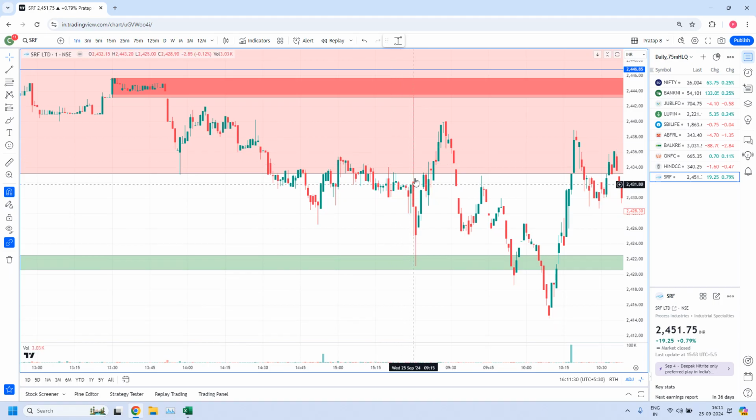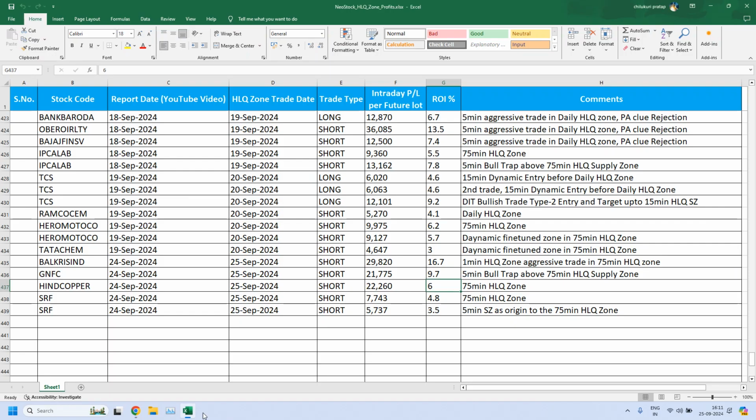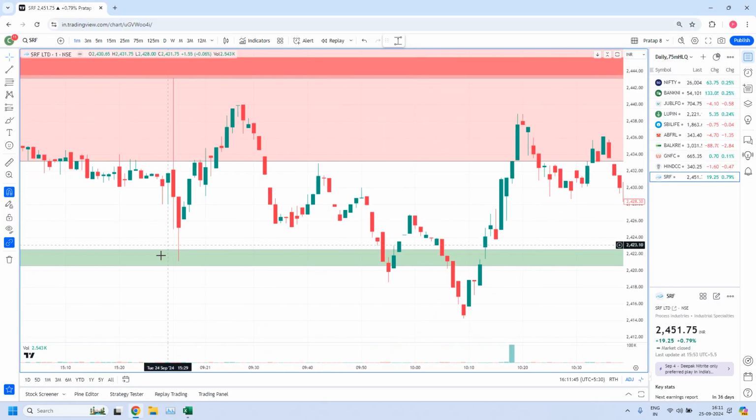But anyway, if any of your trades would have been executed, you would have got 7,743 rupees profit in 2 minutes. It might have given you 4.8% ROI as per one futures margin cost. I calculated it, but from an intraday trading point of view, you need to calculate the ROI yourself.